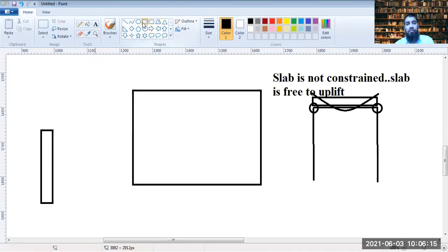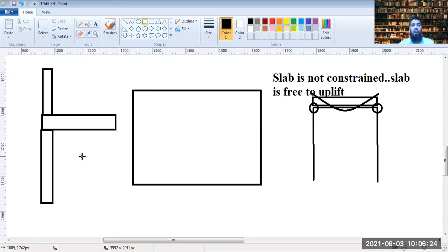This is wall, there is a slab over it, and there is again a wall over it. So the edges of the slab are restrained here, and they are not able to lift up, they are not able to rotate, they are not able to translate. So there is a constraint here.